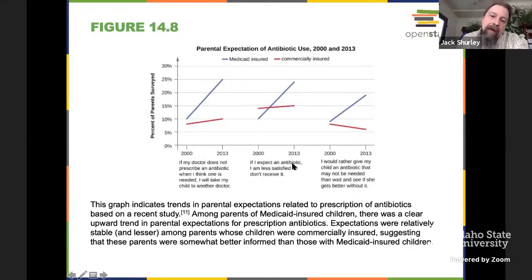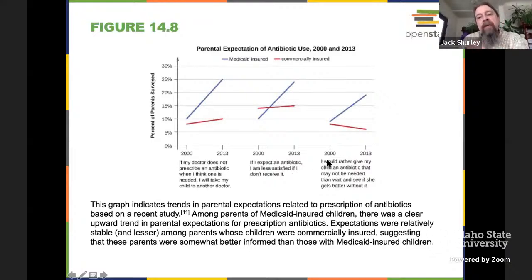If I expect an antibiotic, I am less satisfied if I don't receive it. About 15% with the commercially insured from 2000 to 2013. It's relatively steady. They increase a little, but it's relatively steady. With the Medicaid, 10% in 2000, upwards of almost 25% in 2013.